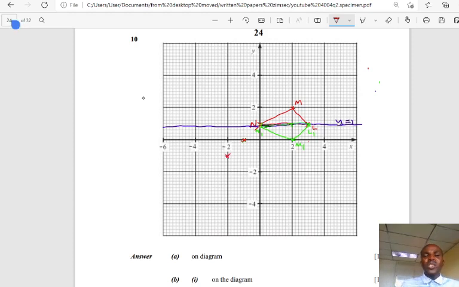So 180 degrees from the center. If you join the line, the angle here must be 180 degrees, right? So it means that point will be here. And the distance from the center of rotation is the same for image and original point, right? Then C will be straight here.